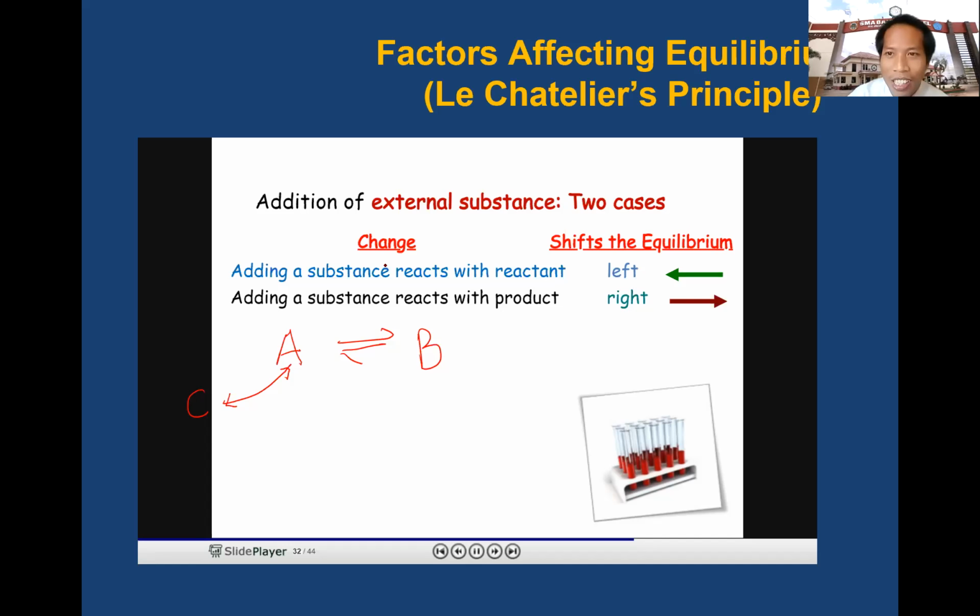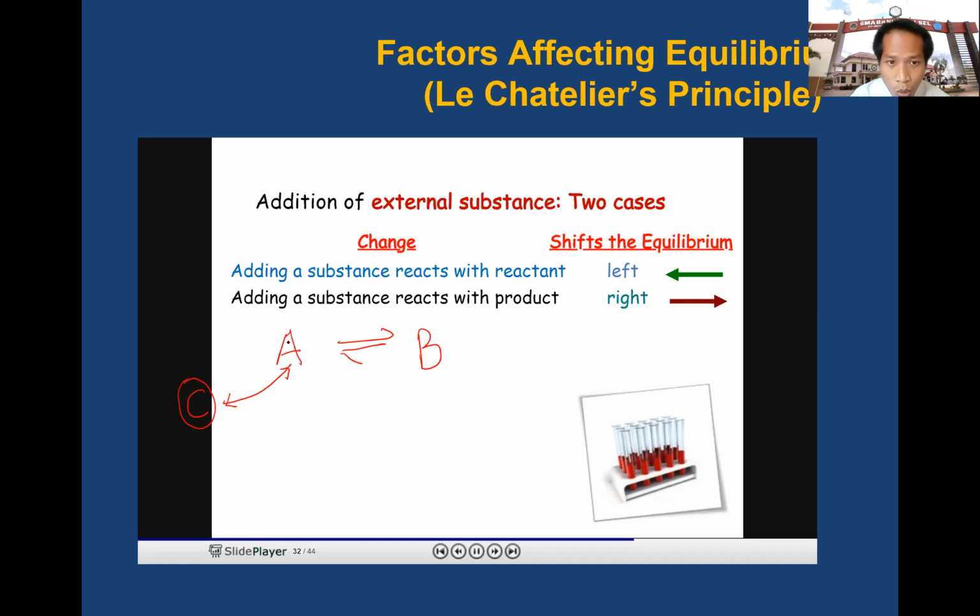Are you sure? Logically it's like this. If I add C to the equilibrium and it's reacting with A, what will happen?